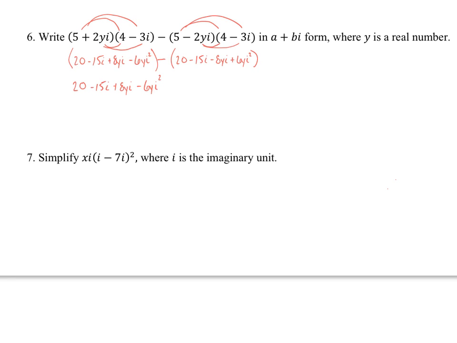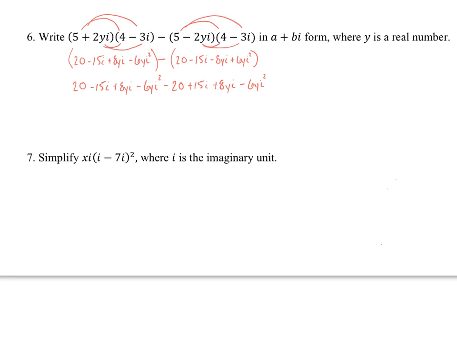Now over here, I have a negative 20, a positive 15i, a positive 8yi, and a negative 6yi squared. Now that I've broken down all of the parentheses, there's no more multiplication left, so all I have to do is just combine like terms.